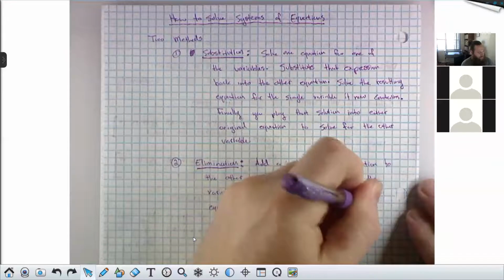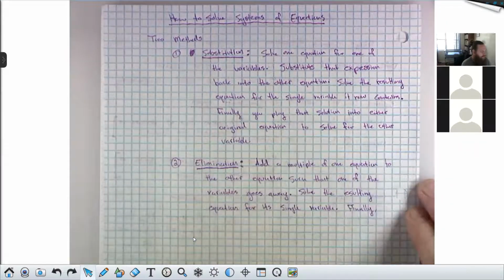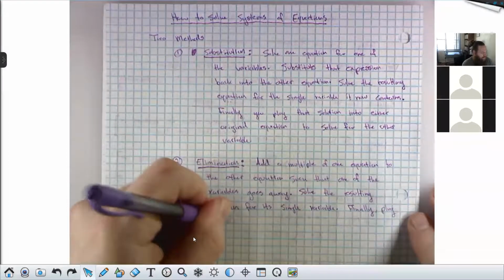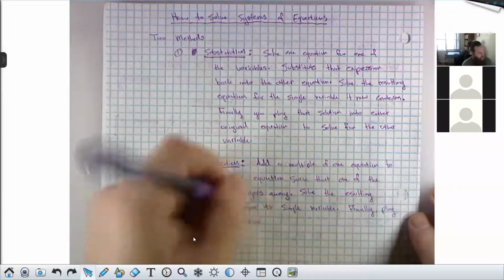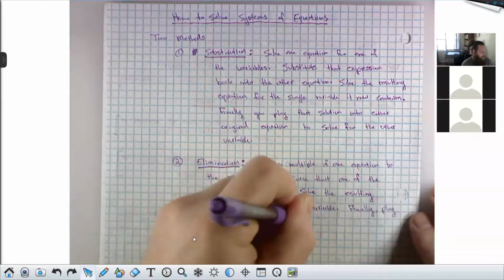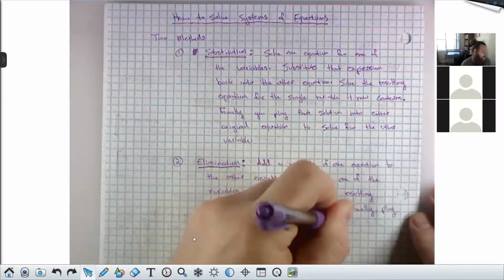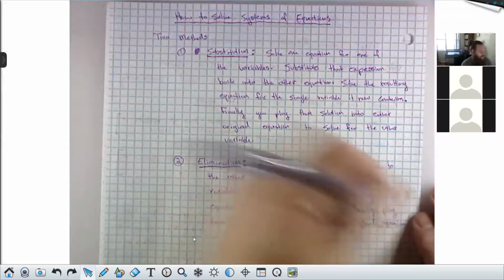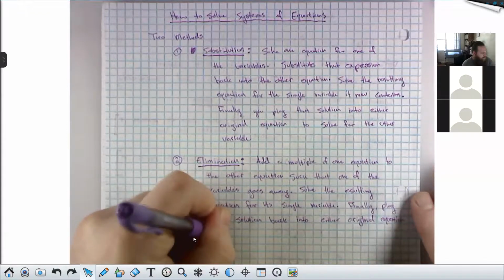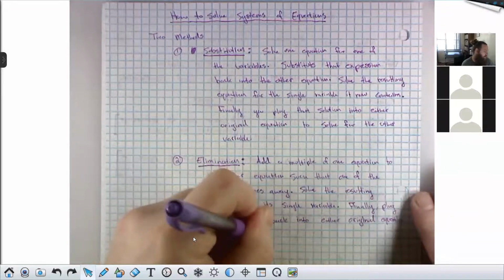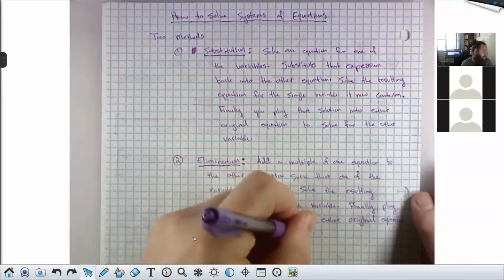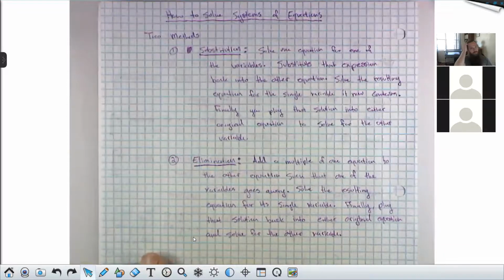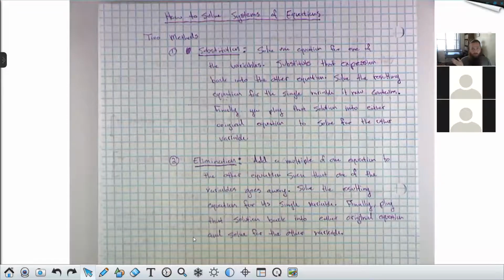Finally, just like in the last one, our last step is to plug that solution back in to either original equation and solve for the other variable. Okay, so this is how we solve systems of equations algebraically.